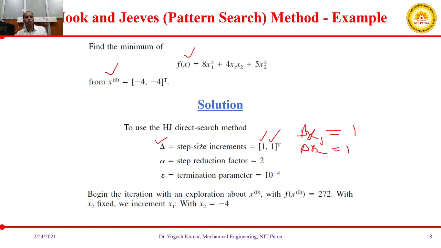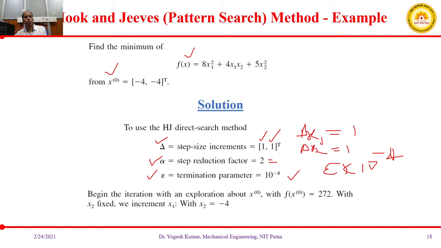These are the step sizes for each variable. Then the step reduction factor we have chosen as 2, and the termination parameter epsilon is equal to 10 to the power -4. So if your delta is less than 10 to the power -4, then we will terminate this particular method. Okay, so let us try to start.